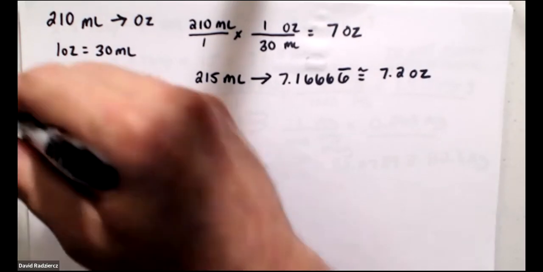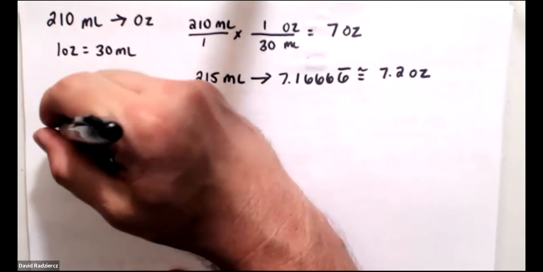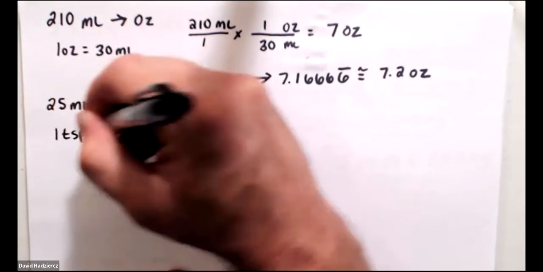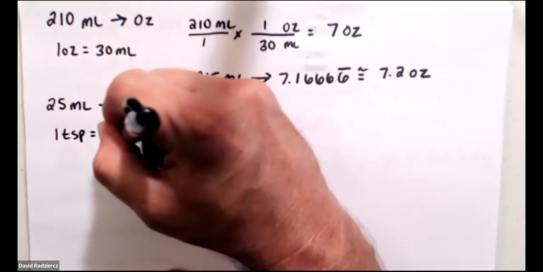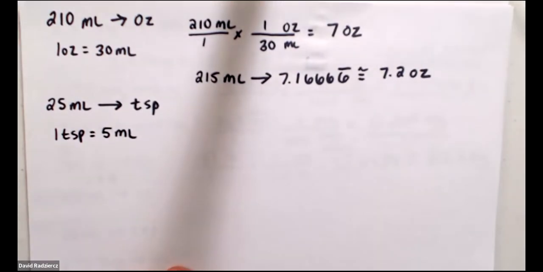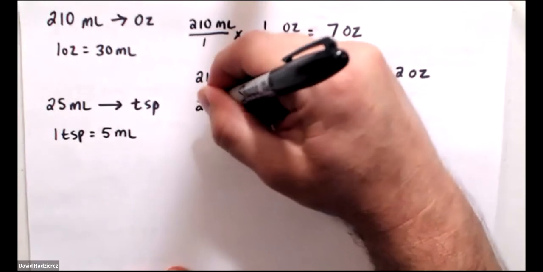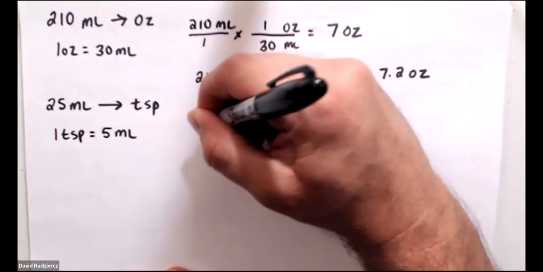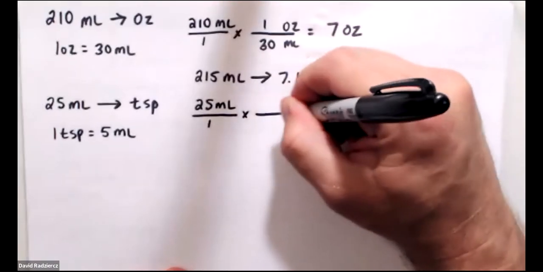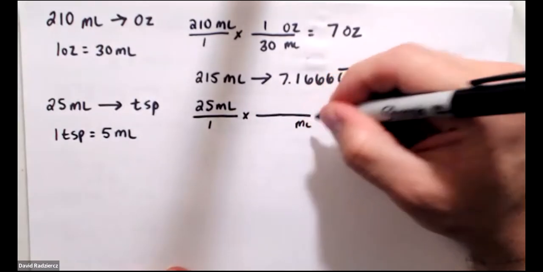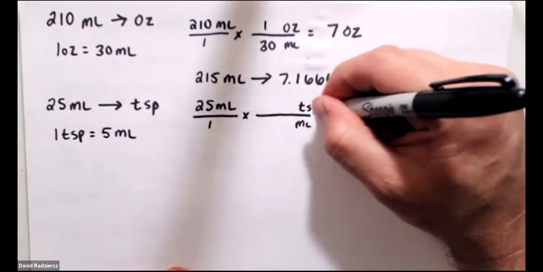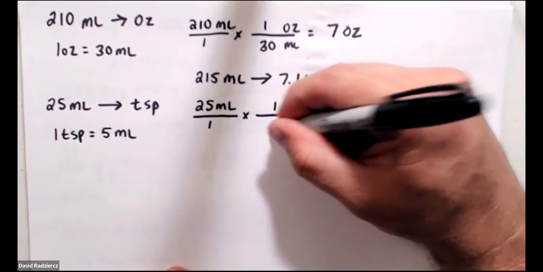What is my conversion? Well, 1 teaspoon is 5 milliliters. 25 milliliters times my conversion factor, 1 teaspoon is equal to 5 milliliters.